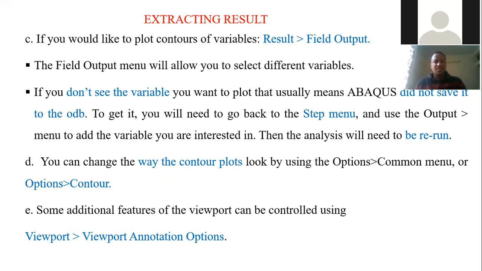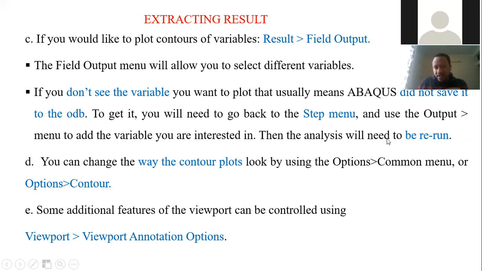So the current analysis is still running with some error. What can I do? I did it intentionally to bring you back to the analysis. To get it, you will need to go back to the step menu, use the output menu and add the variables. Then rerun.